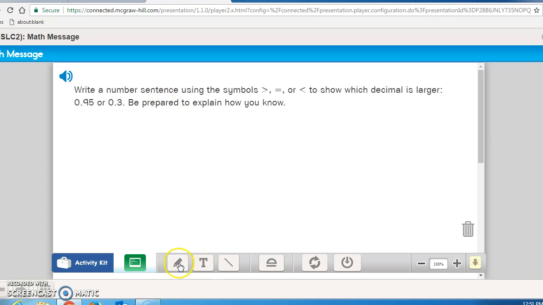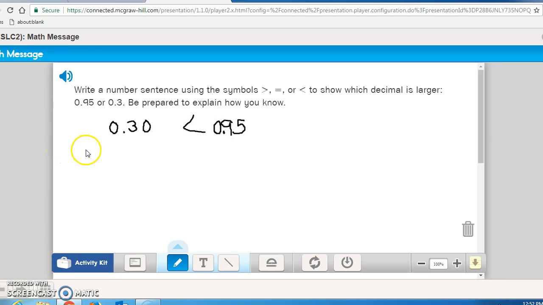Remember that 0.3 represents 3/10 and 0/100. 0.95 represents 9/10 and 5/100. So 0.95 is greater than 0.3.